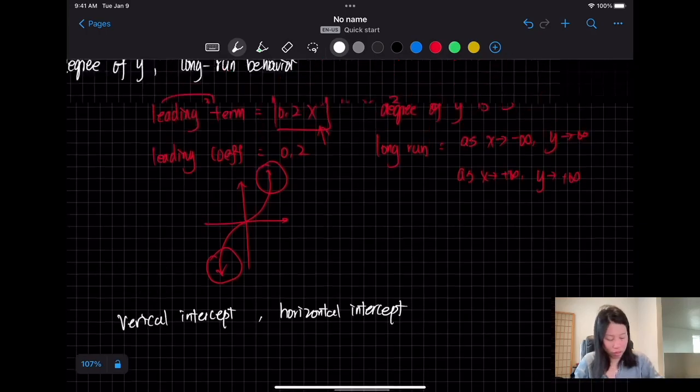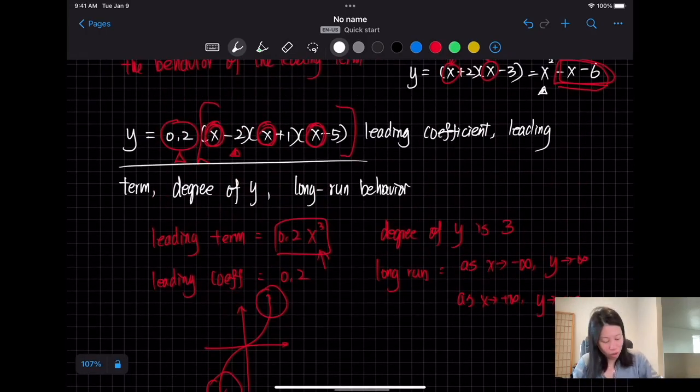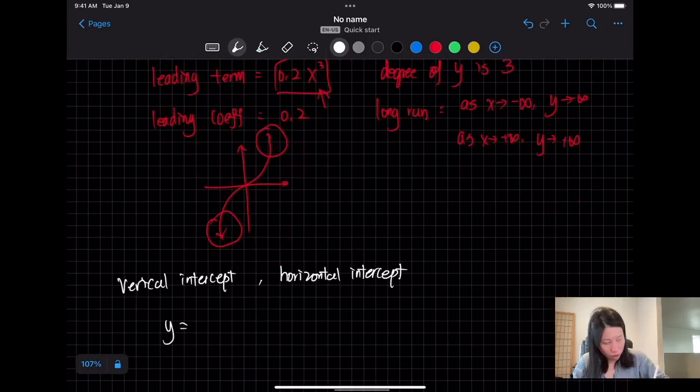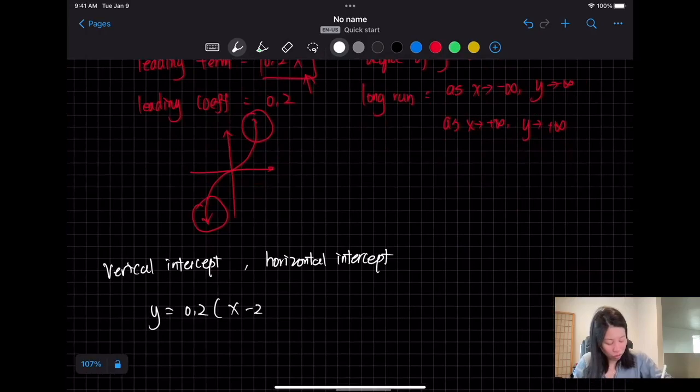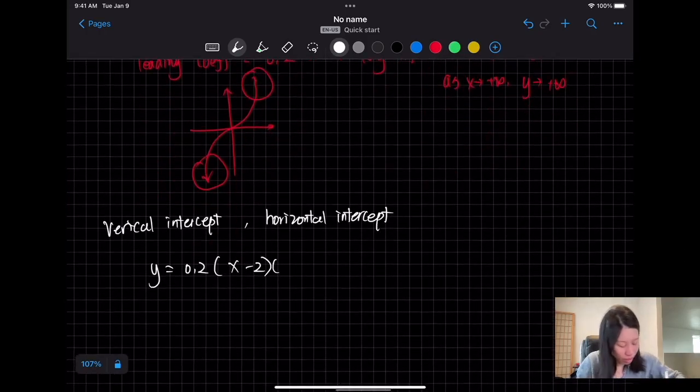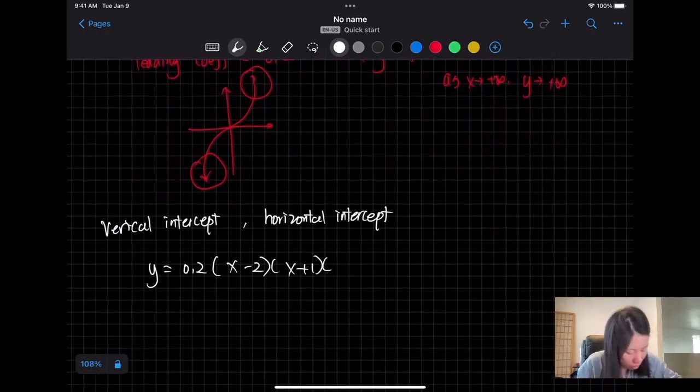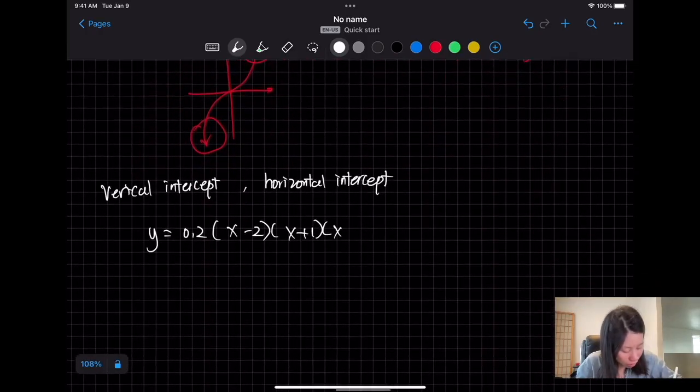Now, let's go back to this example. y equals 0.2 times (x − 2) times (x + 1) times (x − 5).